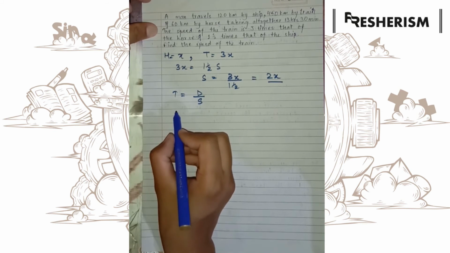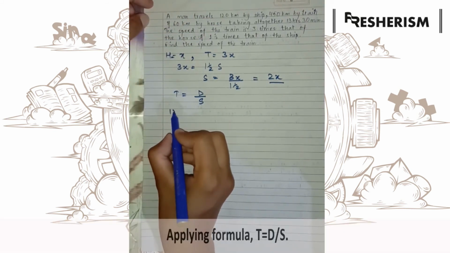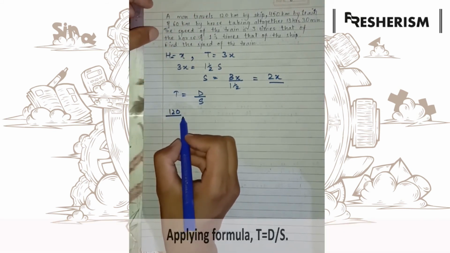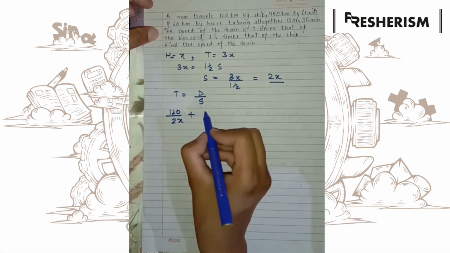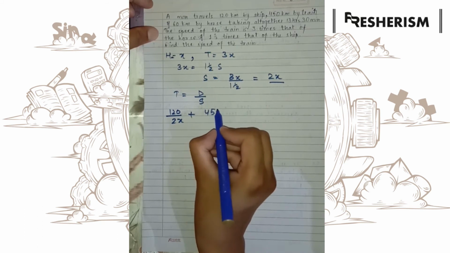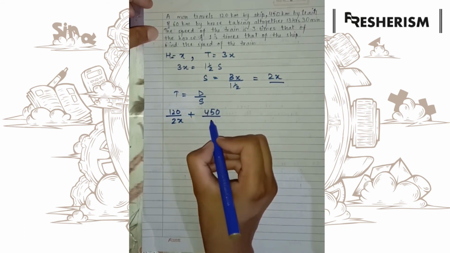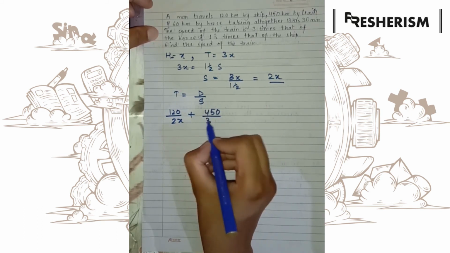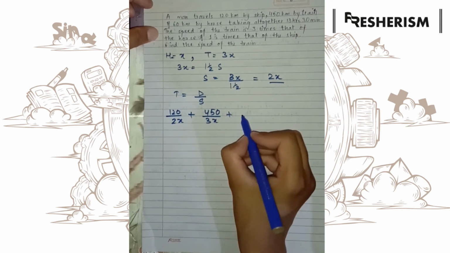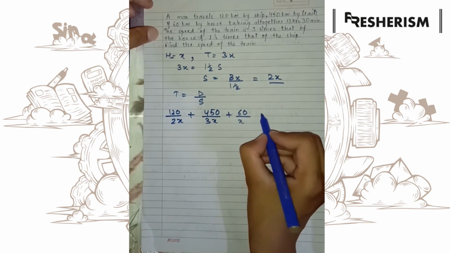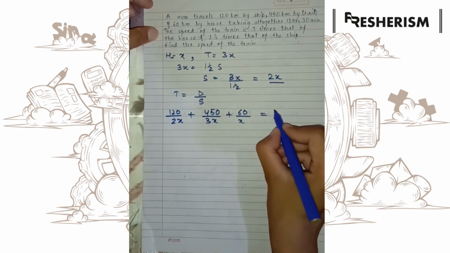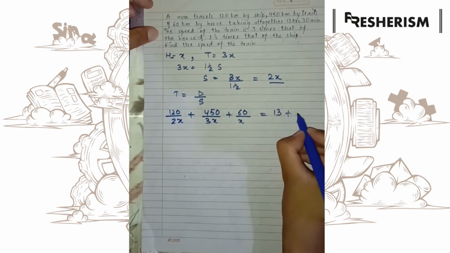So the distance traveled by ship is 120 divided by the speed 2x, plus distance traveled by train 450 divided by the speed 3x, plus distance traveled by horse 60 divided by x, the speed. And the total time we have is 13 hours plus half an hour, that is 30 minutes.